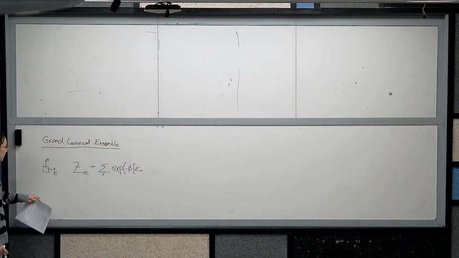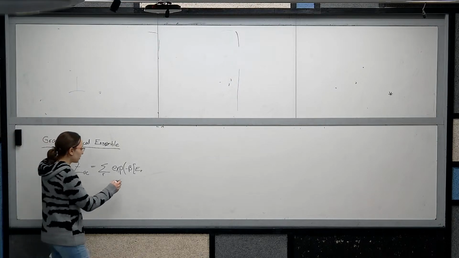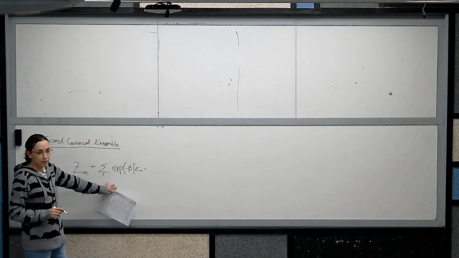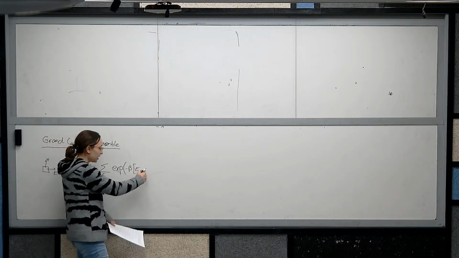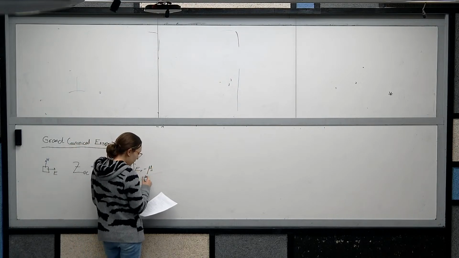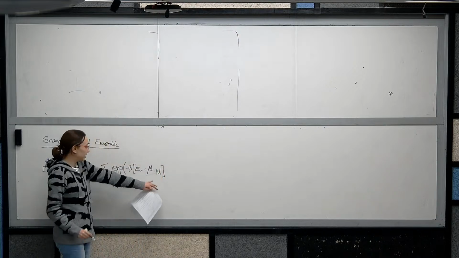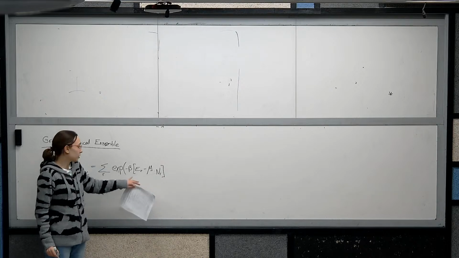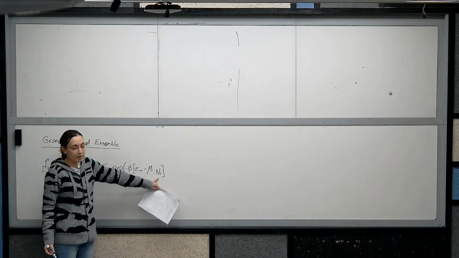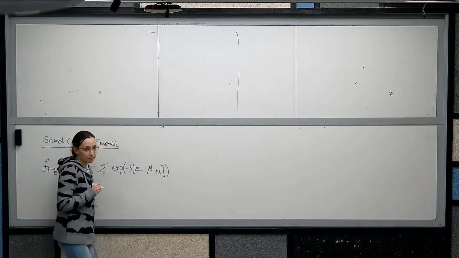But now, because the system can also exchange particles, we insert it as well into the partition function. So we have the energy, and we add here minus the chemical potential times the number of particles found in state R. So we have a state R, it has some energy, it has a certain number of particles, and we're summing on all the possible states of the system.